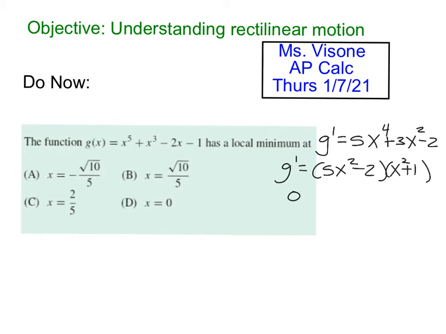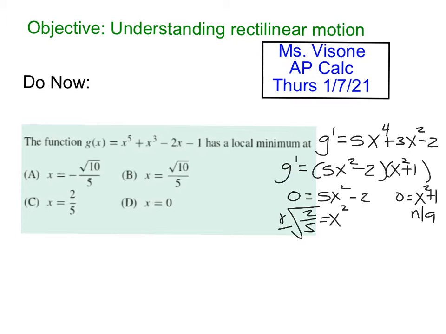So then when we set that equal to 0, there's no solution there, and then here we get x squared equals 2/5, square root of both sides, plus or minus.